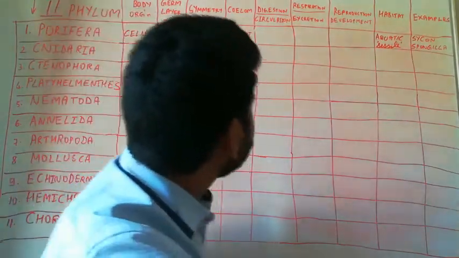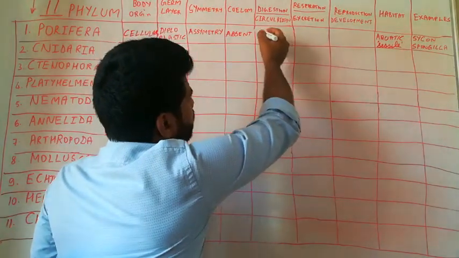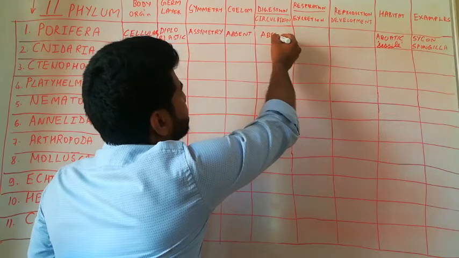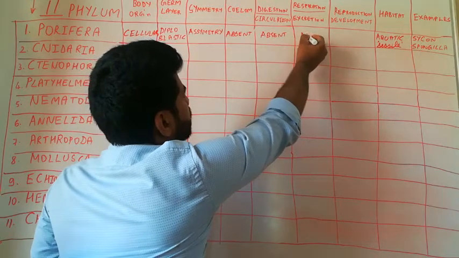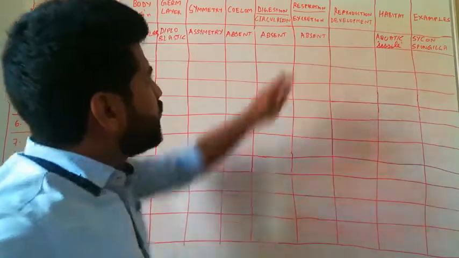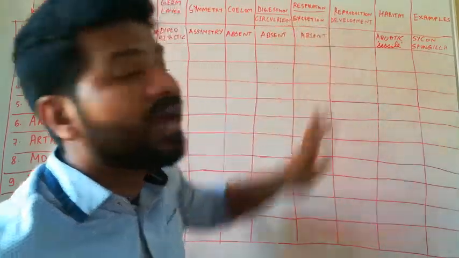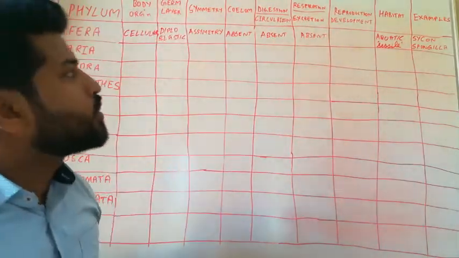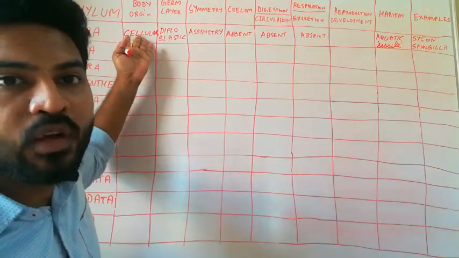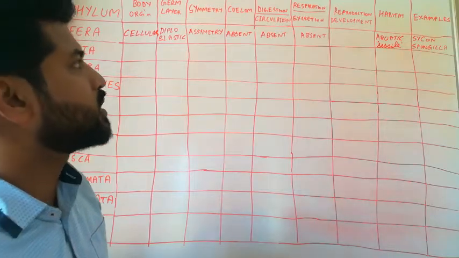Digestion, circulation, respiration, excretion, all are absent. There is no digestive system, circulatory system, respiratory system or excretory system, because they exhibit a cellular level of organization. There are no tissues, no organs, no organ systems.